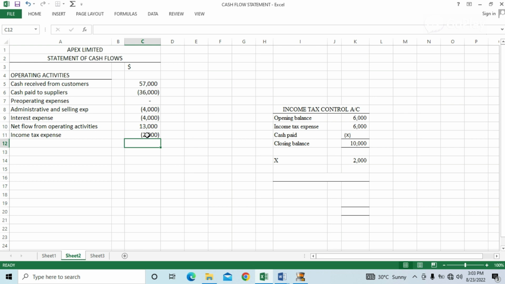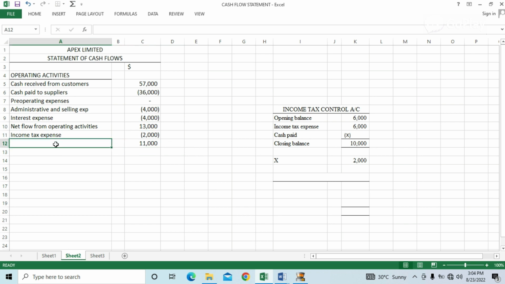So we sum it again: we subtract the 2,000 from the 13,000. Here we have 11,000. So here is the final net flow from operating.